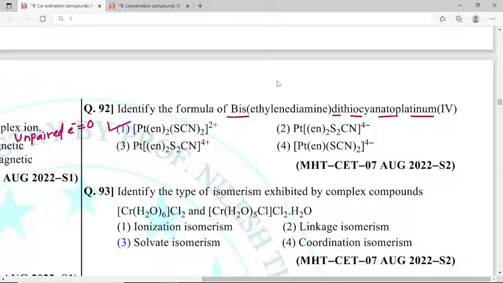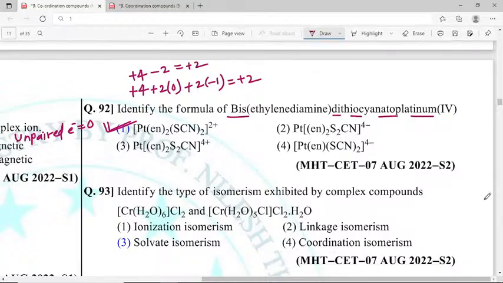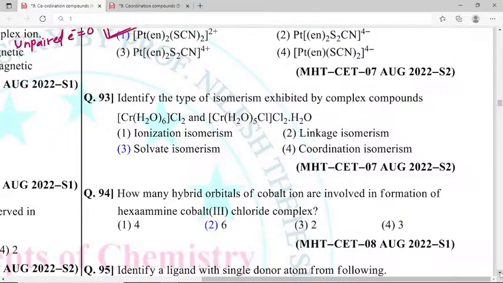So platinum is +4, plus 2 times ethylenediamine 0, plus 2 times SCN at -1, is equal to +2. Please check whether the oxidation state is correct: +4 plus -2 is equal to +2. Yes, correct, so option first is correct. Remember to cross check the oxidation number.